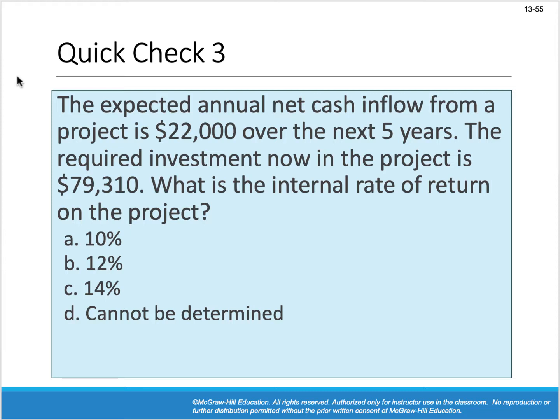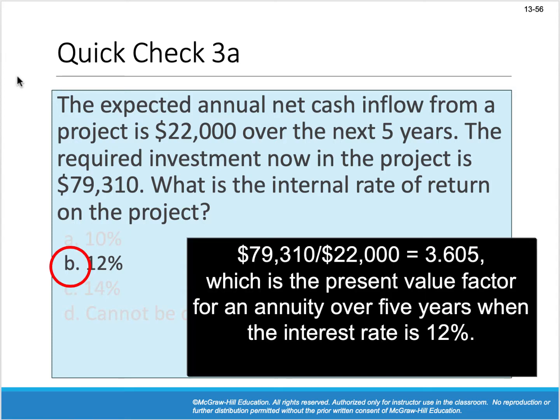Well, we would have to divide the $73,310 by our annual net cash inflows of $22,000. We get a present value factor. We have to then go to the present value of an annuity table of $1, and we find out, based on 5 years, where that factor falls and what percentage that is.